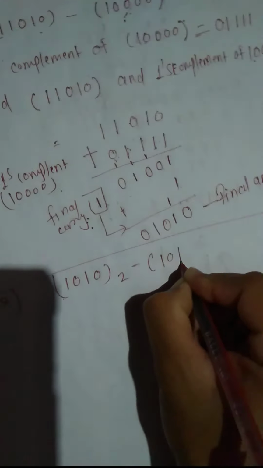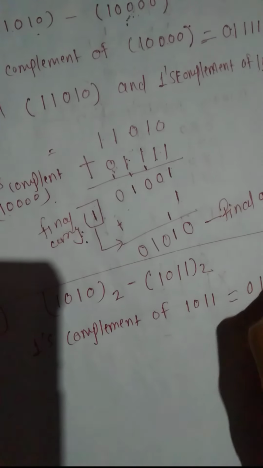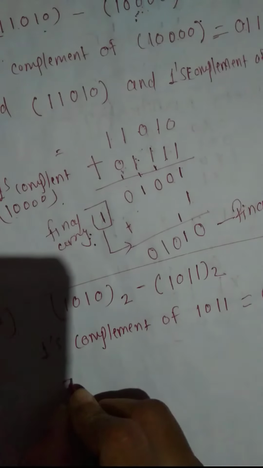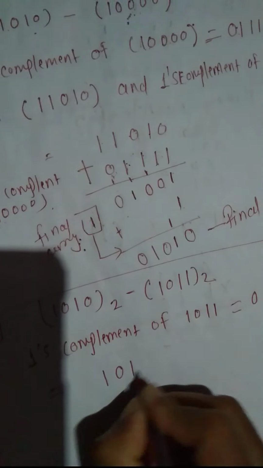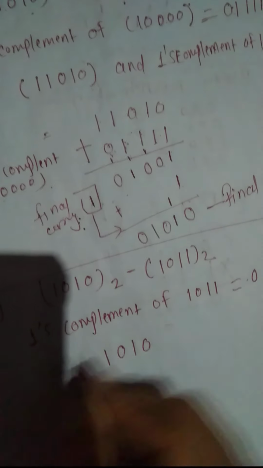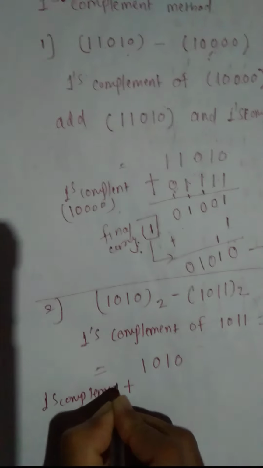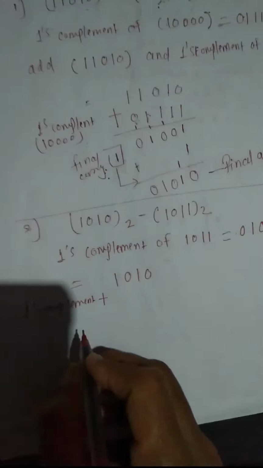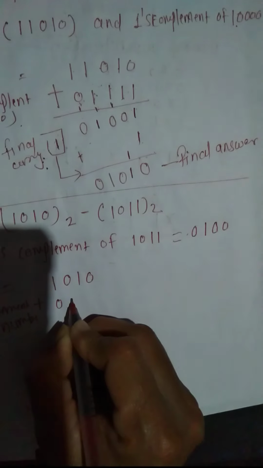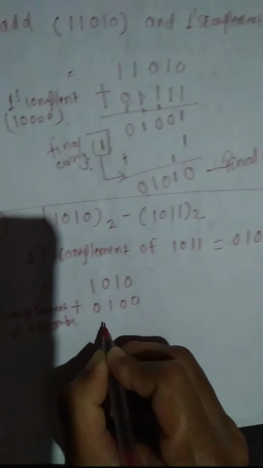So the ones complement of 1011 is 0100. To the first number 1010, add the ones complement of the second number, which is 0100.